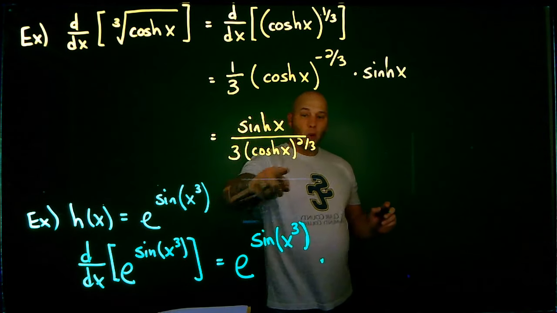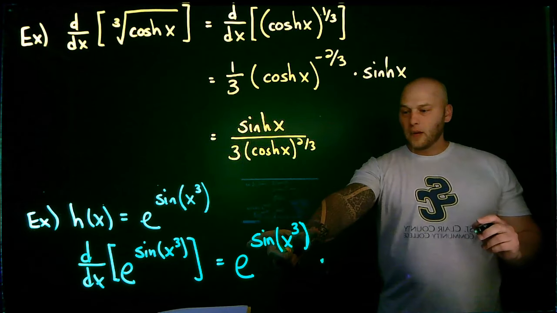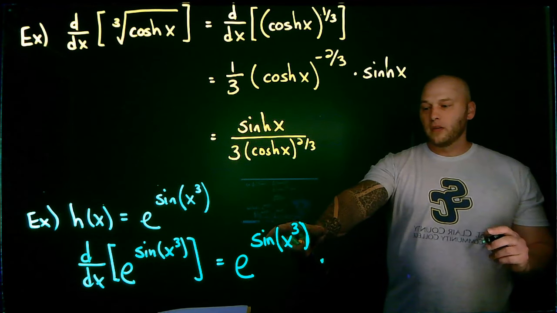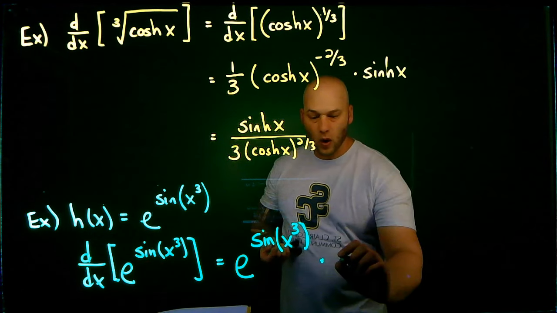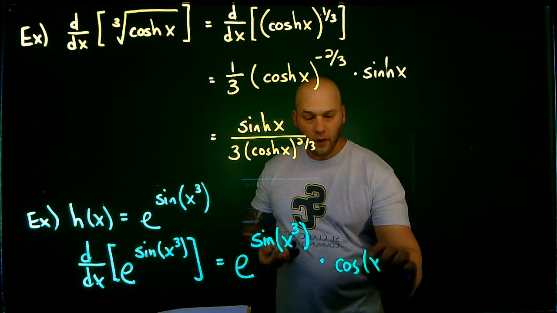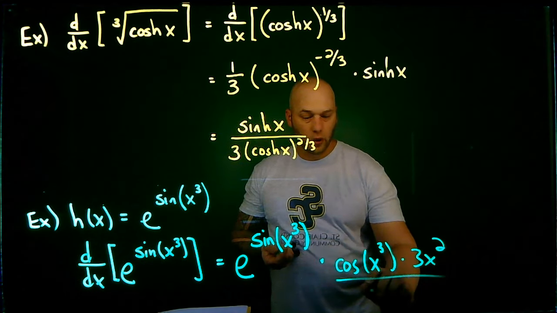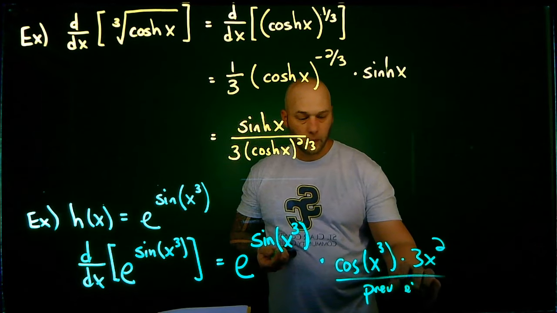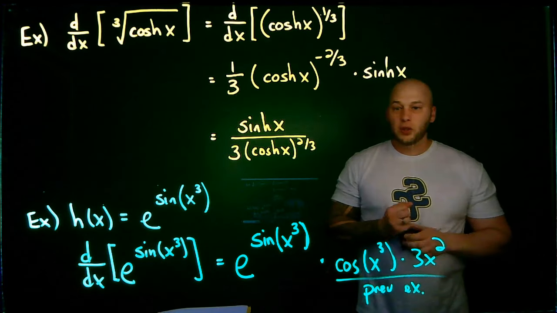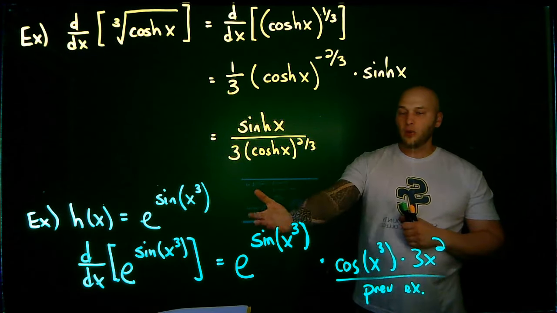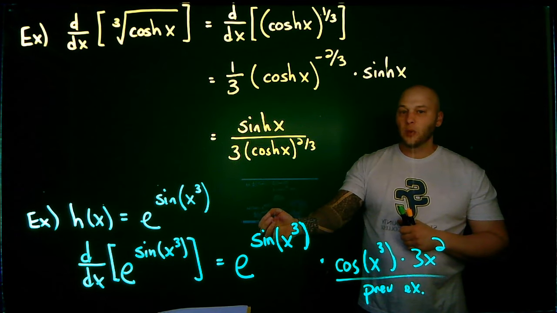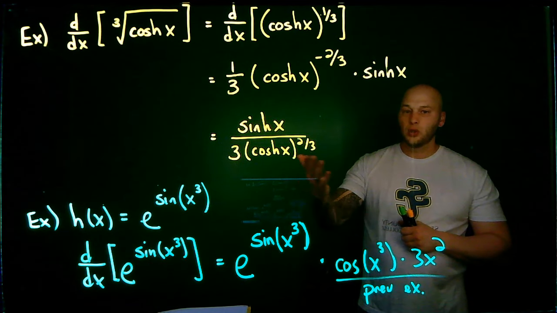Well, let's ignore the fact that we have to use a chain rule here. We already know what the derivative of sine of x to the 3rd was. Remember, that was cosine of x to the 3rd times 3x squared. Right? This is from a previous example. Well, what this shows me is that when I've got 2 compositions, I'm going to use the chain rule twice.